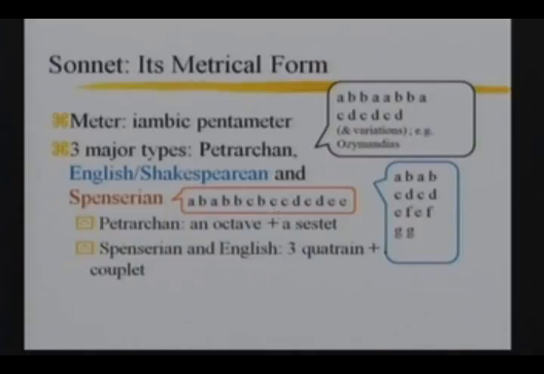Okay. Basically, I think you just need to remember the stanza form. You don't need to memorize the rhyme scheme of the 2 kinds of sonnets, but you need to remember the stanza form.